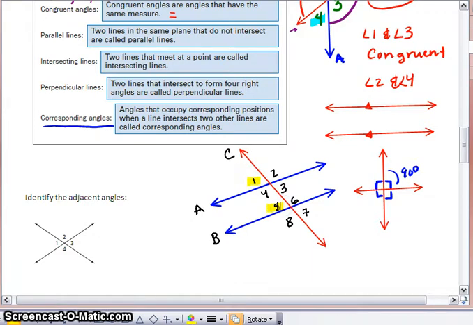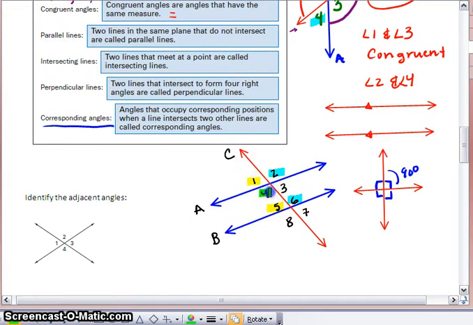It's on the top left. So angle 1 and angle 5 would be corresponding angles. Let's find the angle that's corresponding to angle 2. It's on the top right of line A in relationship to line C. Let's look at line B. What's on the top right of line B in relationship to line C? Well, that would be 6.